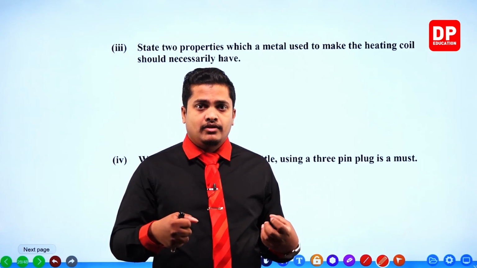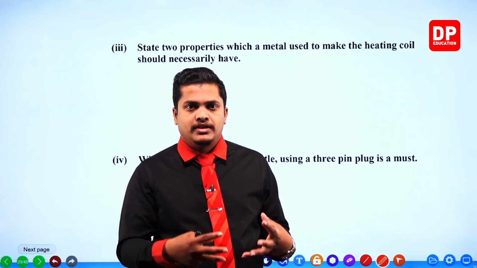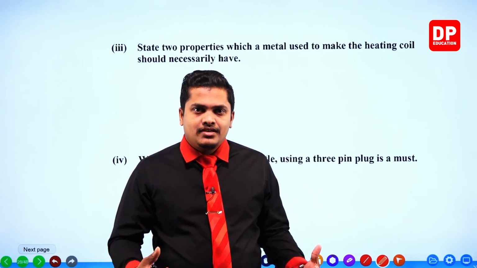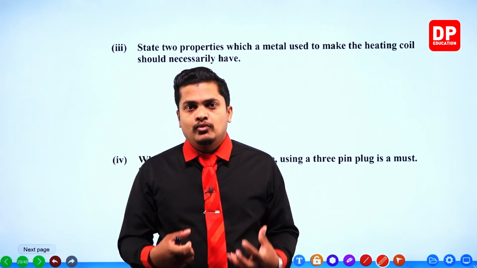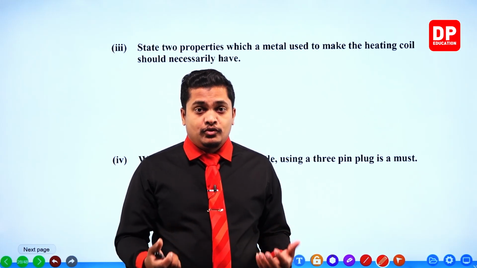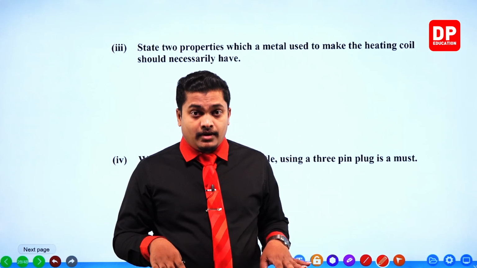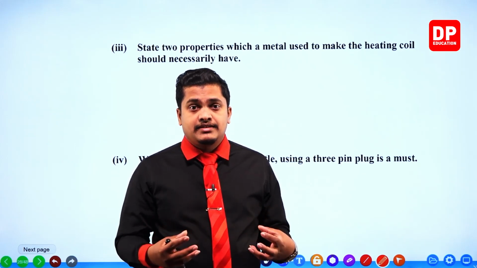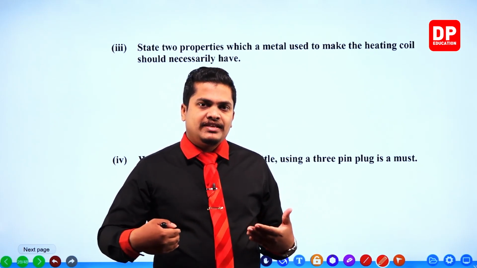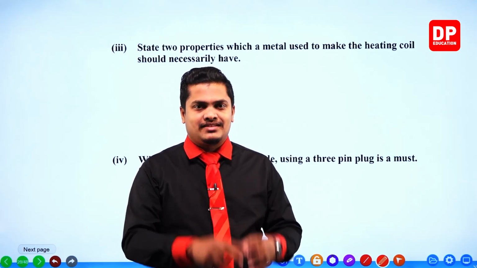When we are ironing the clothes, we are heating the clothes. When we are using a geyser, there also we use that thing to heat water. When you are using hot plates, we heat up certain vessels and other things. So in each of these instances, we heat a certain substance.